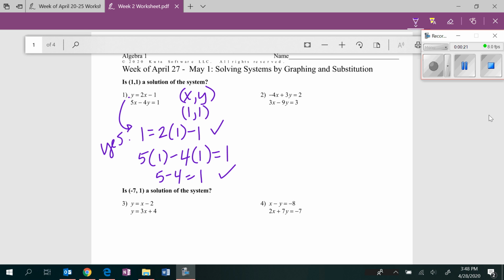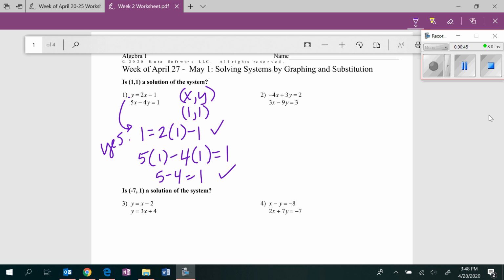As you see for number 1, it says, is (1, 1) a solution of the system? (1, 1) is referring to a coordinate point (x, y), and we just plug it into both equations. So y = 2x - 1 becomes 1 = 2 times 1 - 1.